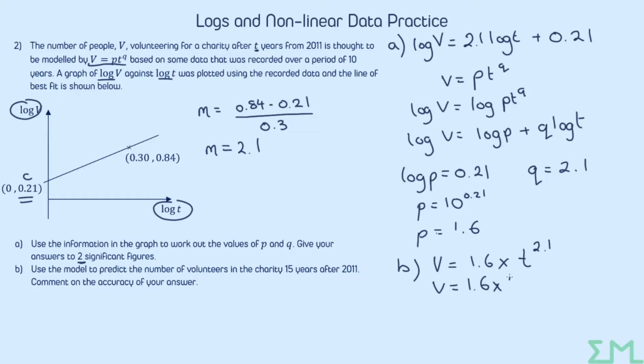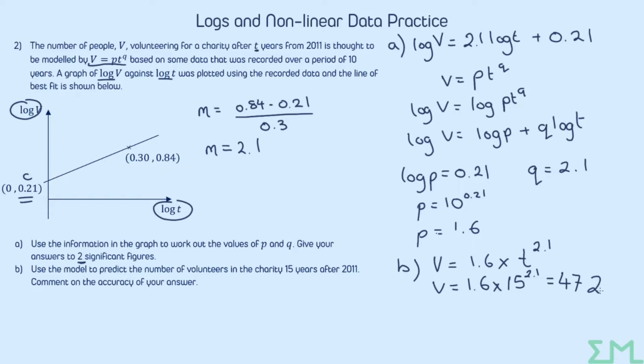So I just need to put 15 to the 2.1. Pop that into our calculator. Okay, so it looks like after 15 years the charity had 472. It's 471.96. We round that up for 472 volunteers.